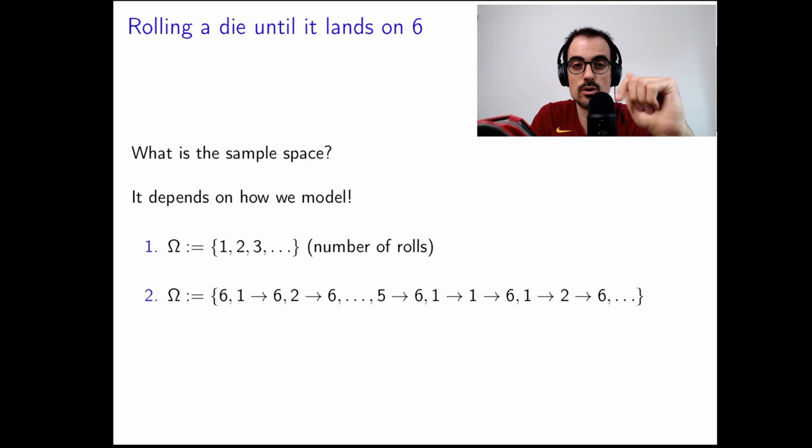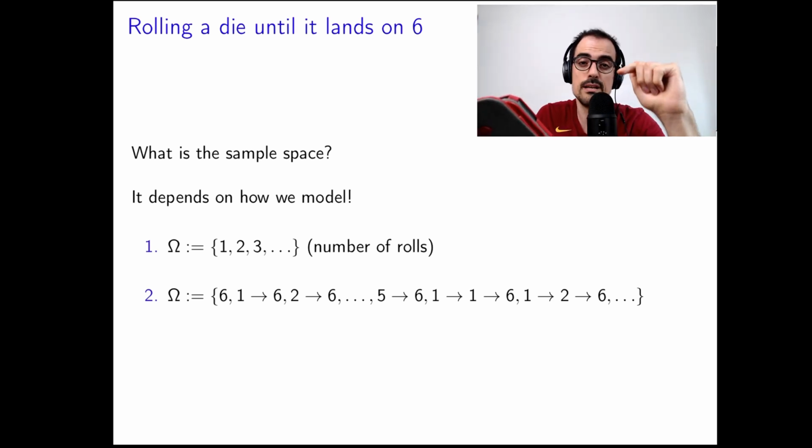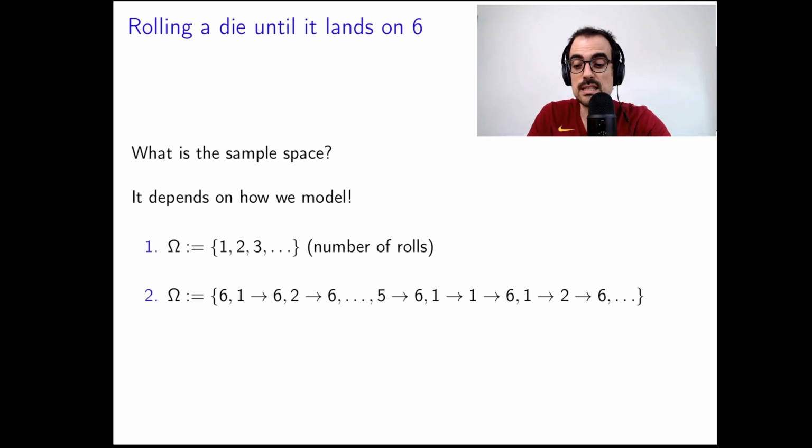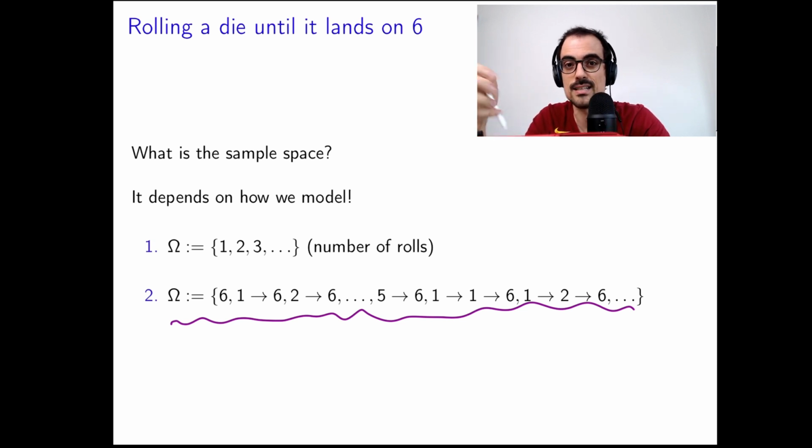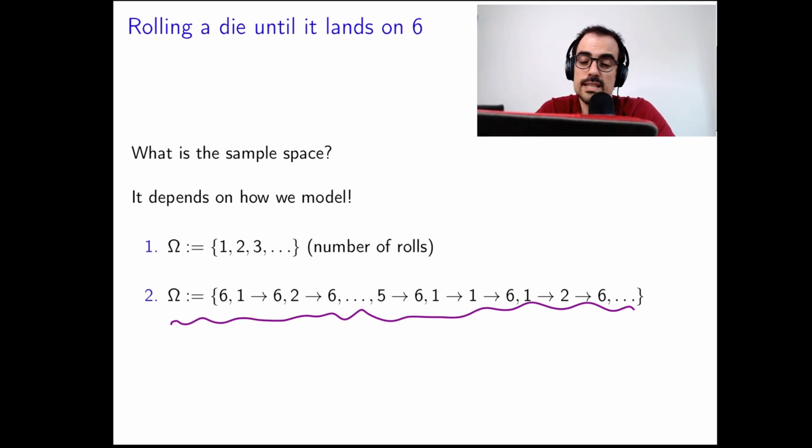So 2, 4, 6, or 1, 6, or 1, 3, 5, 1, 3, 1, 6. If you're interested in that, then your sample space is a little bit more complicated. It's basically sequences of numbers from 1 to 5 that end in a 6. It just depends on what you're interested in modeling.